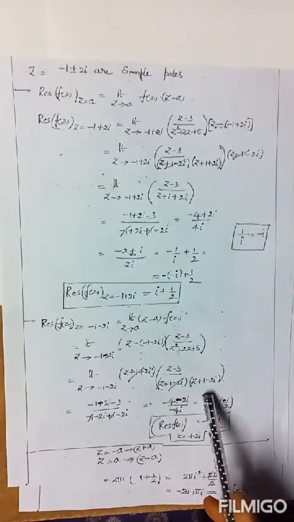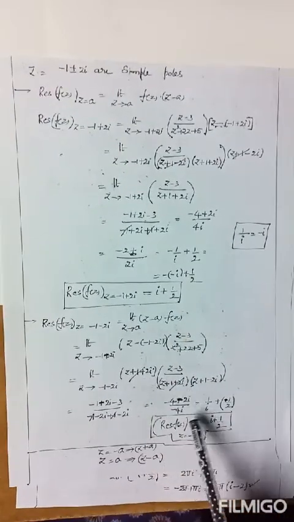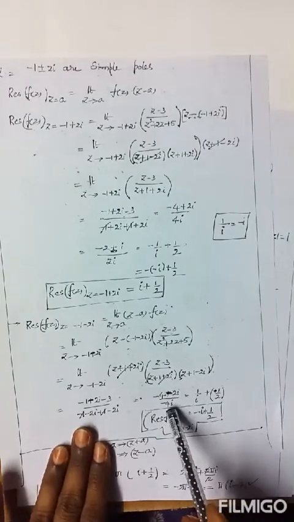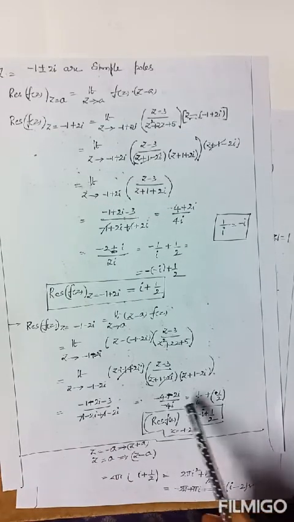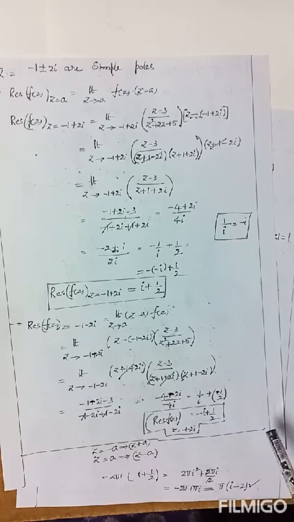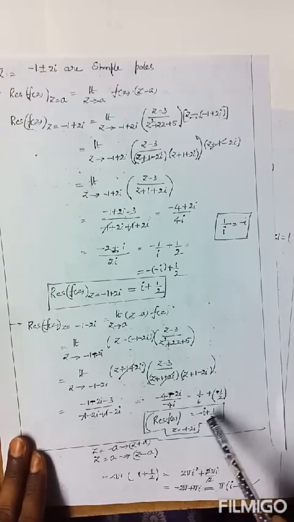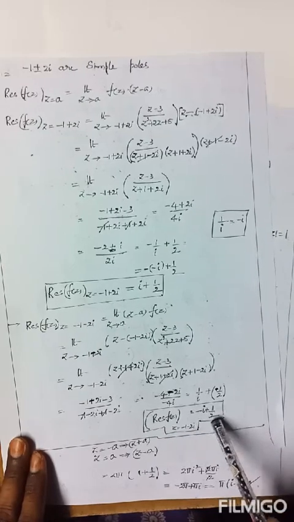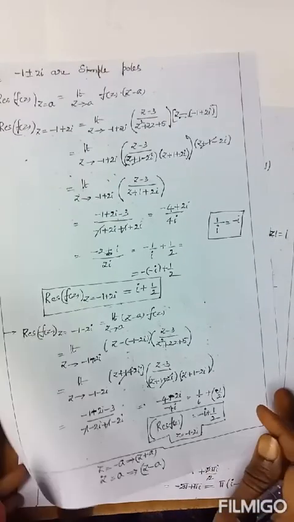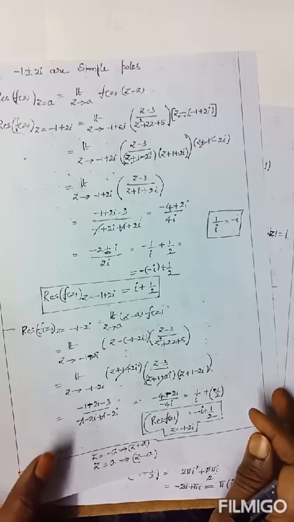By writing these factors, these two get cancelled. This is the resultant value. First term by LCM is 1 by i, second term by LCM is 1 by 2. Now totally the residue at minus 1 minus 2i, 1 by i can be written as minus i, plus 1 by 2. Minus i plus 1 by 2 is the residue at this point. After getting the residues, you can write the integral result.